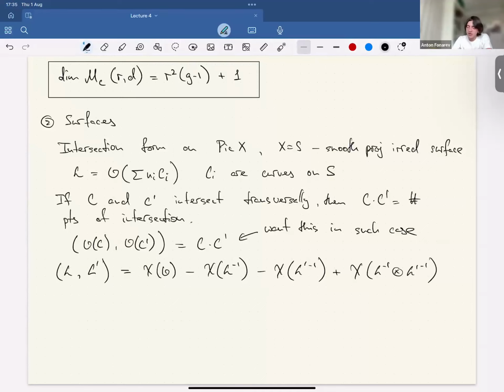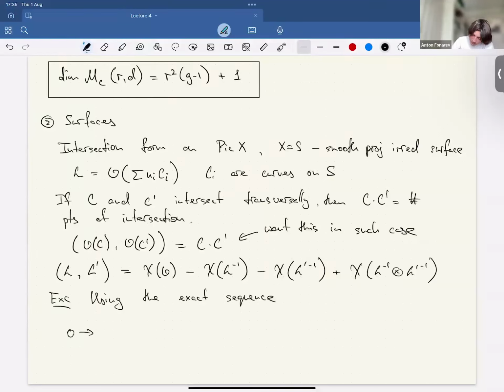You start with the empty product, you subtract all one term, negative products, you add this product. So here's a very good exercise using the exact sequence.